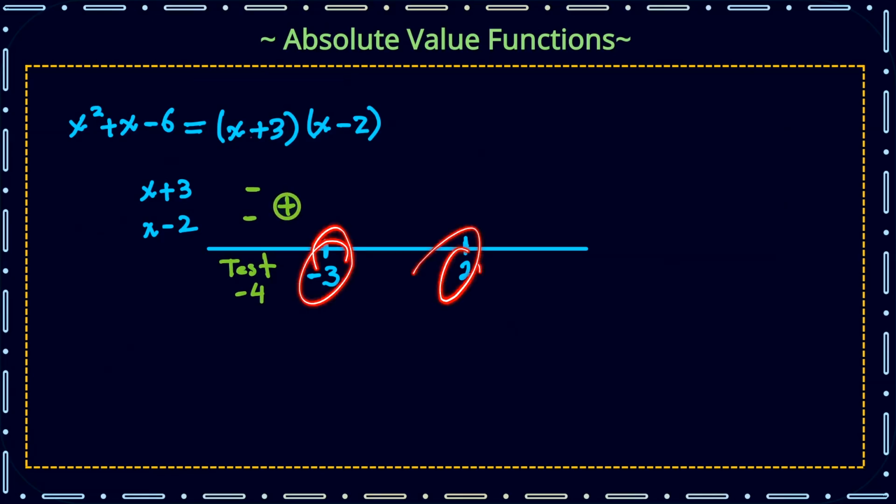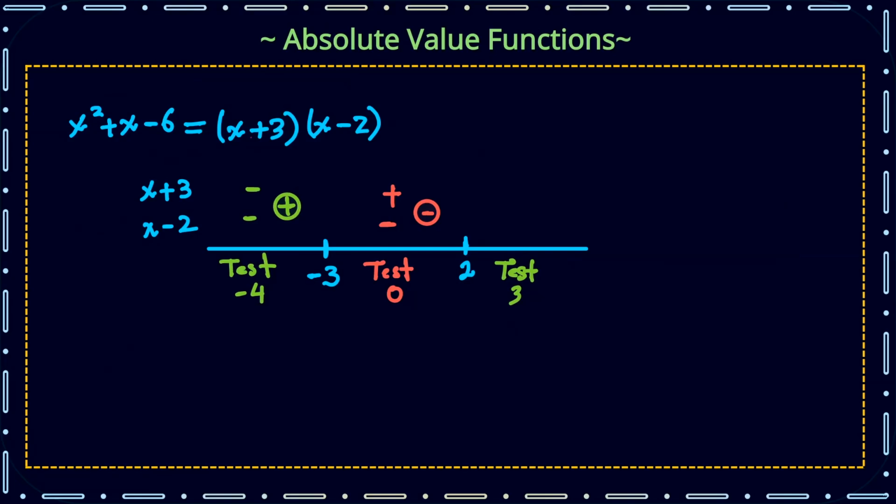From -3 to 2, we take a test point, let's say 0. 0 plus 3 is positive. 0 minus 2 is negative. We have positive times negative. This expression is negative. Over the interval 2 to infinity, we're going to test any number larger than 2. Let's say we test 3.